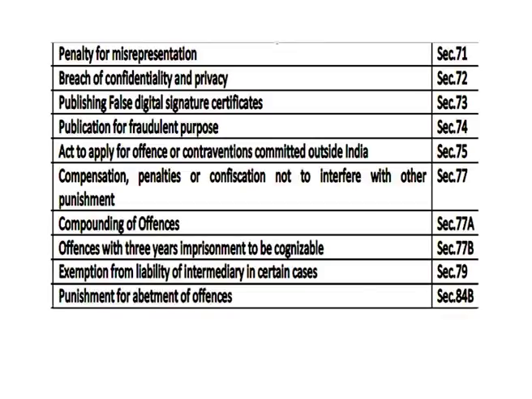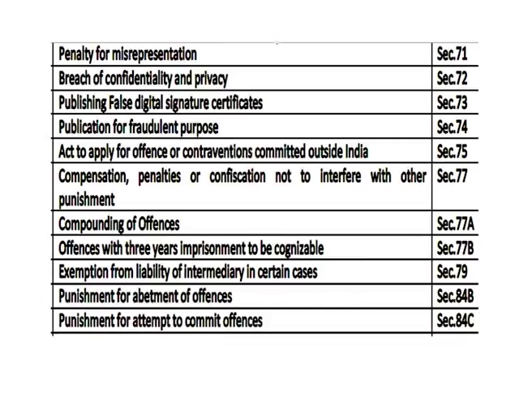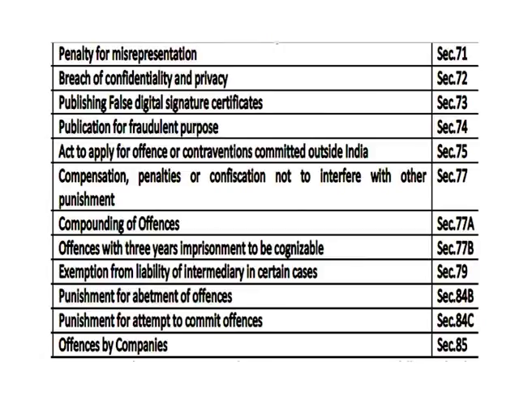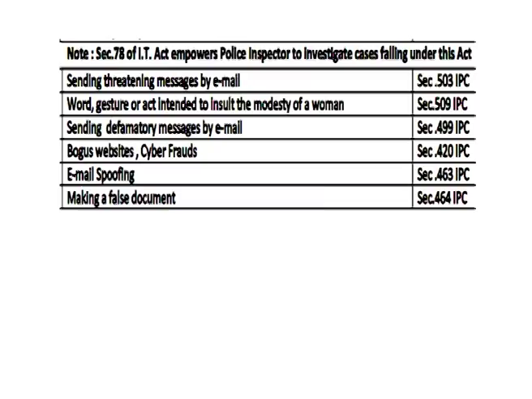punishment under Section 77, compounding of offences under Section 77A, offences with 3 years imprisonment to be cognizable under Section 77B, exemption from liability of intermediary in certain cases under Section 79, punishment for abetment of offences under Section 84B, punishment for attempt to commit offences under Section 84C, offences by companies under Section 85.